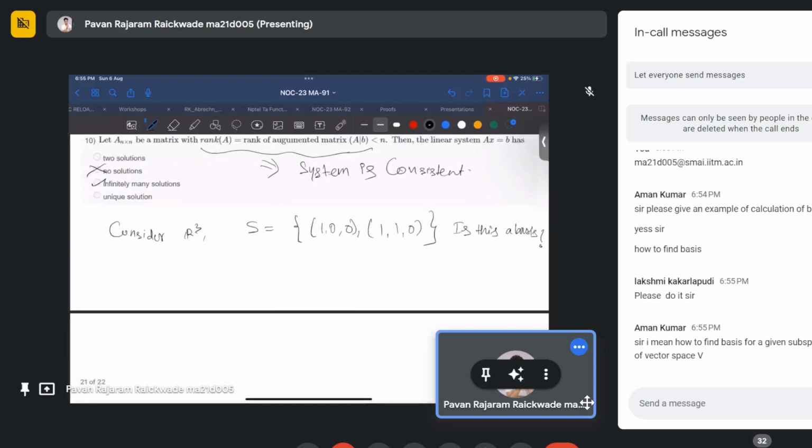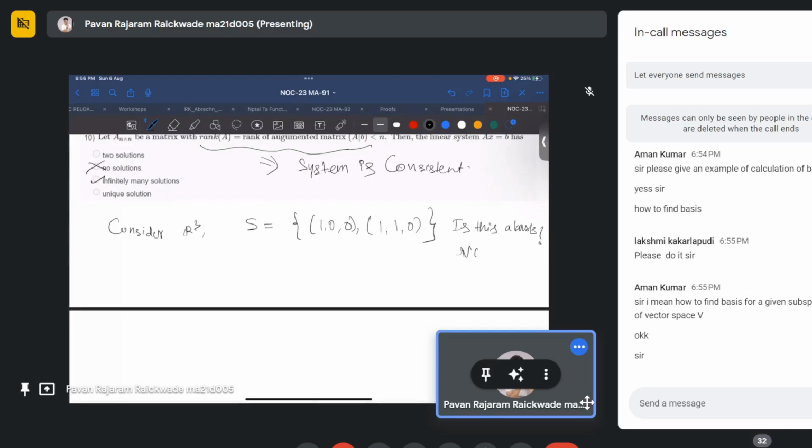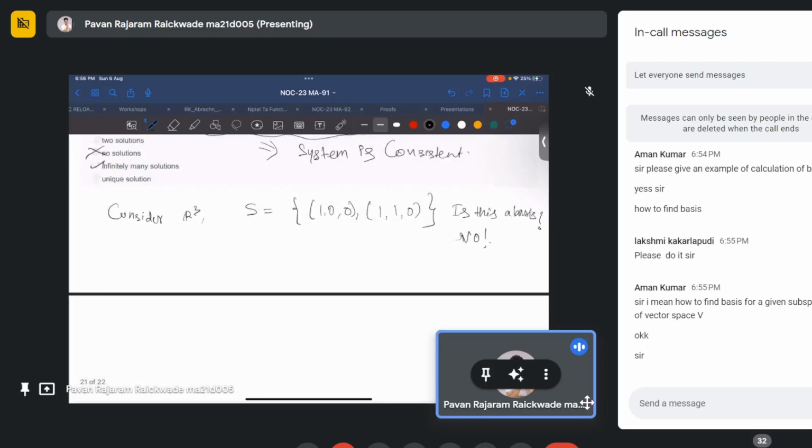Okay, I got your point now. I have to give an example of a subspace now. Okay, let's consider R3 and the vector subspace U as the set of all x, y, z such that x plus y plus z is 0.